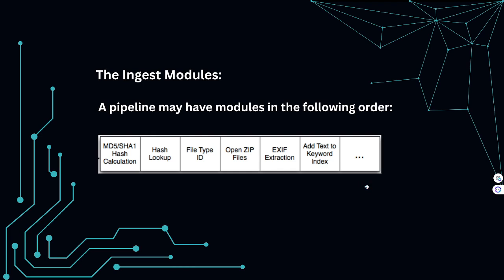A pipeline may have modules in the following order: MD5, that's for MD5 sum, SHA-1, these are hash function calculations, hash lookup, file type ID, open zip files, EXIF extraction, add text to keyword index, and some more.